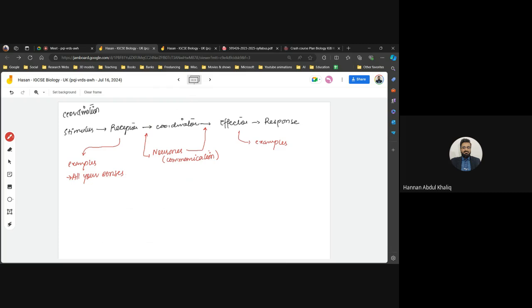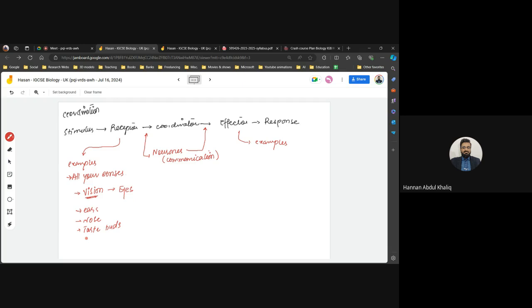So obviously, vision is another type of stimulus, and it would be received by our eyes. Then there is sound, which we receive through ears. Ears are also there. Then nose, taste buds, they are like chemical receptors.